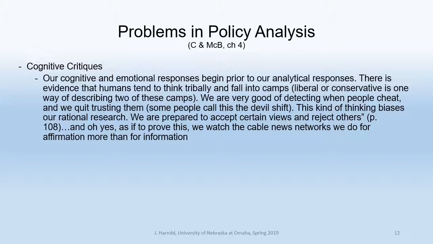Some people call this the devil shift. That's what Sabatier and Jenkins-Smith called it when they wrote about the Advocacy Coalition Framework. That is, we think that the other side really has the worst of intentions. And so we're often prepared to accept the views of people who affirm ours and reject the views of people who go against ours. We've even built into our public discourse our favorite cable television networks, where we don't even really have to listen to the views of the other side, if you will.